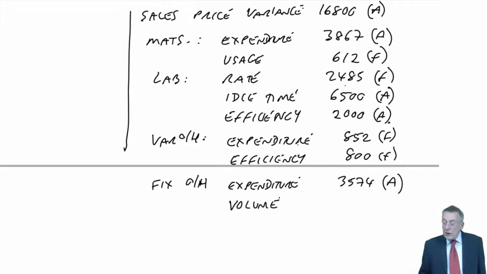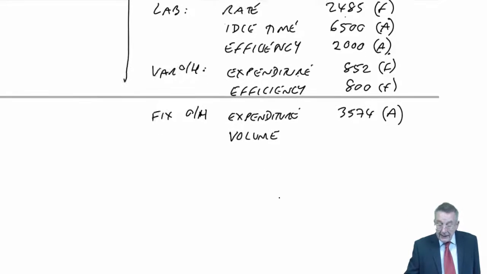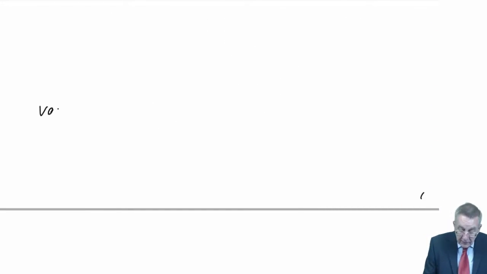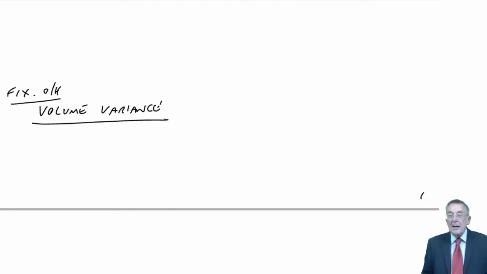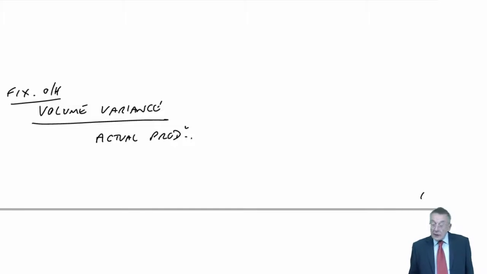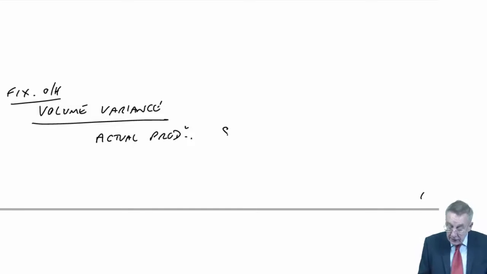And rather than squash the workings, just let me show you how we calculate it. To calculate the volume variance for fixed overheads, we compare the actual production. We actually produced here 8,900 units.